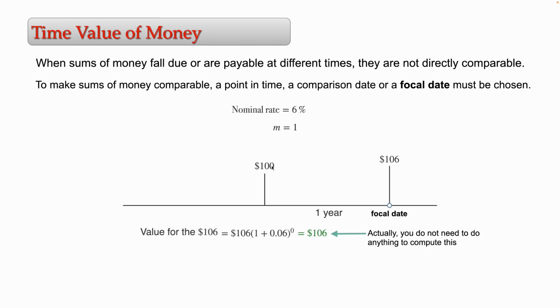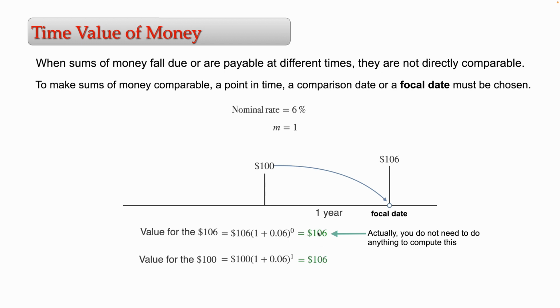However, if you want to compute the value of this $100, then you need to take into account that you need to go forward in time. And if you go forward in time, you will need to compute the future value. And so this 100 will be equal to 100 times 1 plus 0.06 to the power 1. So let's type it here, and this is of course 106.